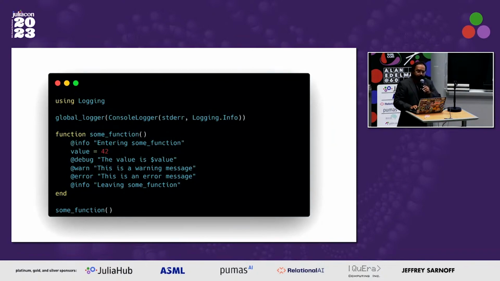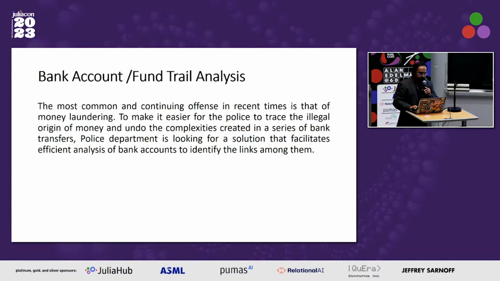This is how you can make use of the logging package. You can insert different types of messages at various places of the program so that it can record and print to a log file what is happening.